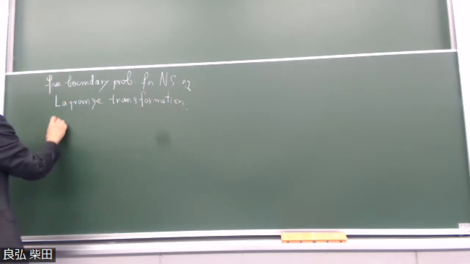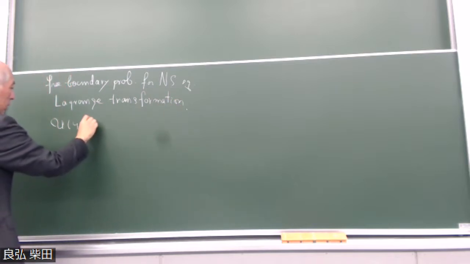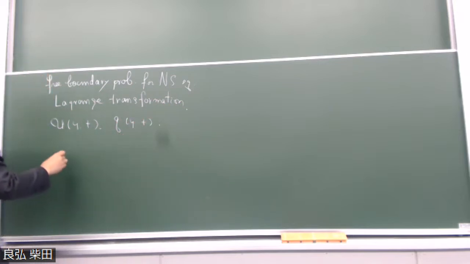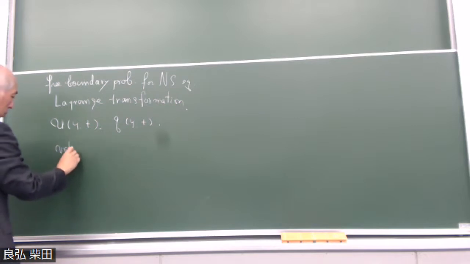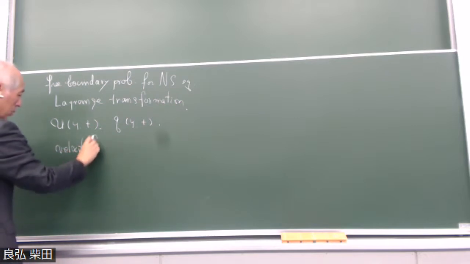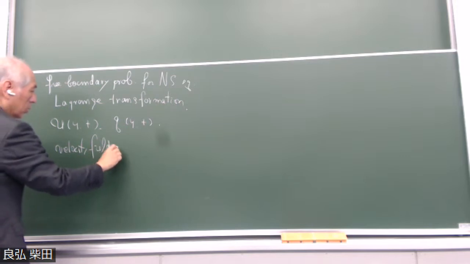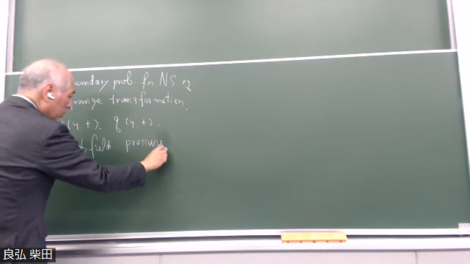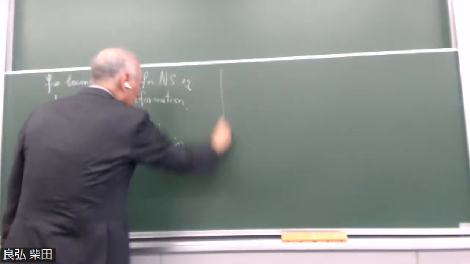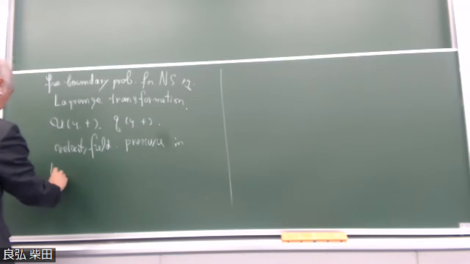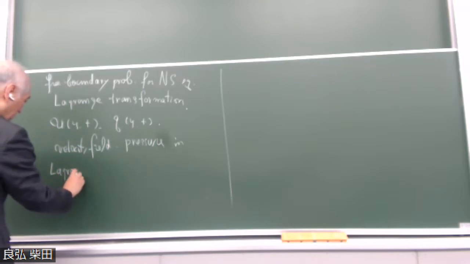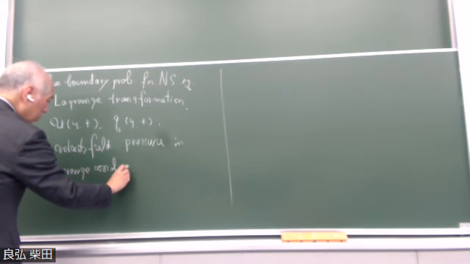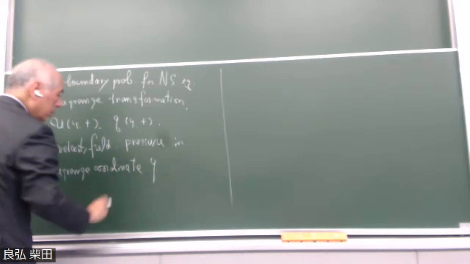And then, u(y,t), the velocity field, and the pressure field. This is the Lagrangian coordinate y.